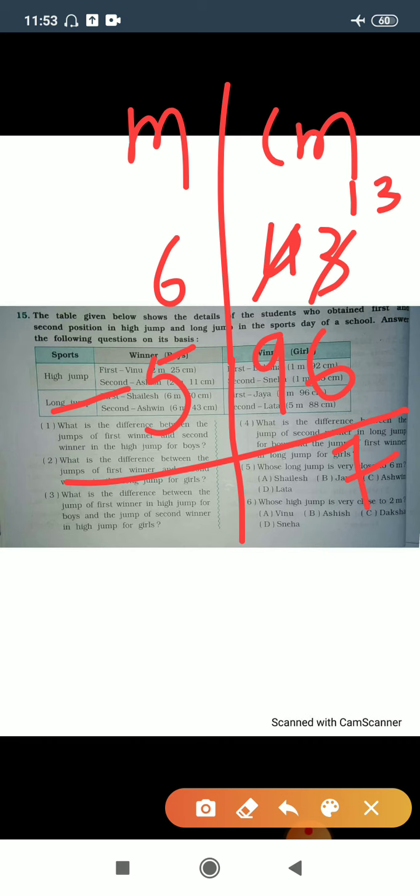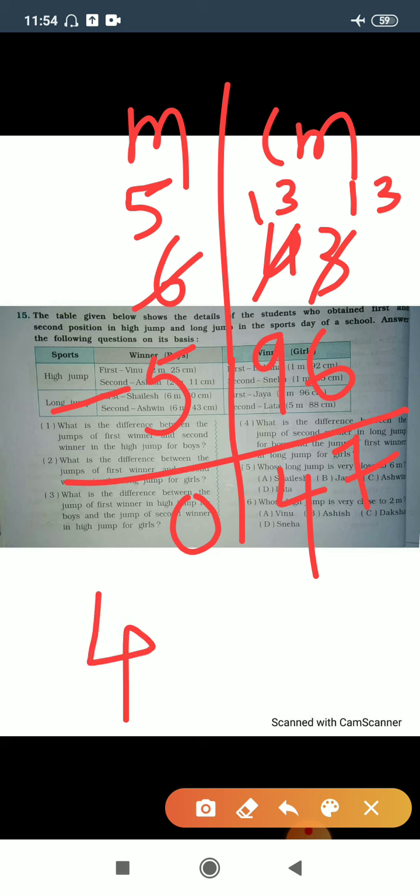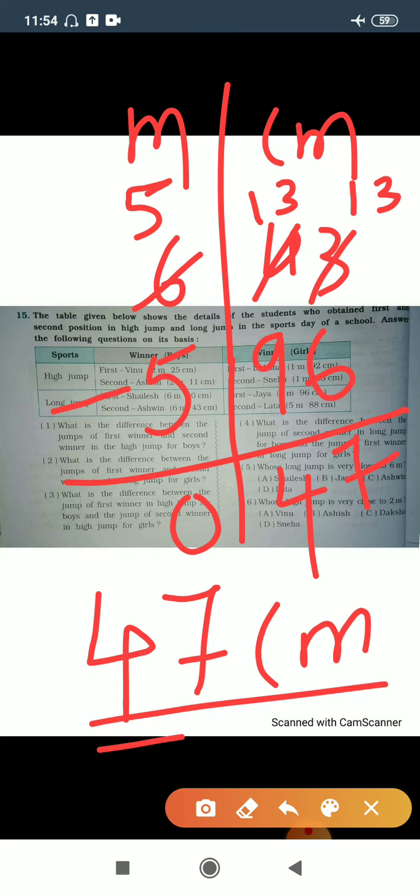Now we again need to cut this 4 and we'll write here 3. Again 3 minus 9, not possible, so we need to take one carry. Now 13 minus 9 equals 4. Now again we need to cut this 6 and we are going to write here 5. So 5 minus 5 will give you 0. So the difference of these two jumps is how much? 47 centimeter.